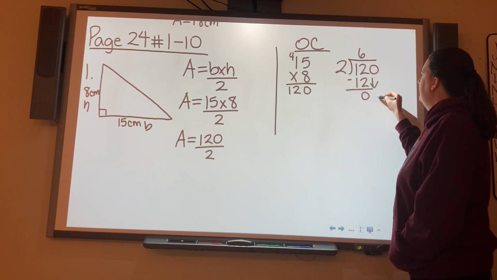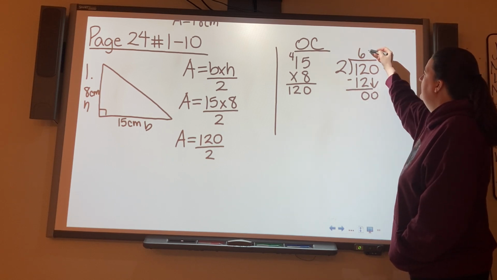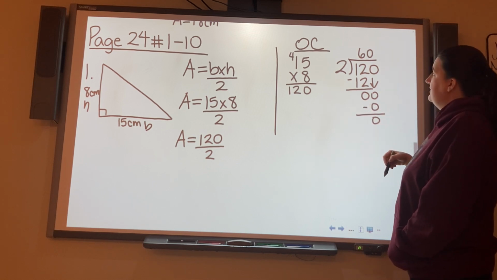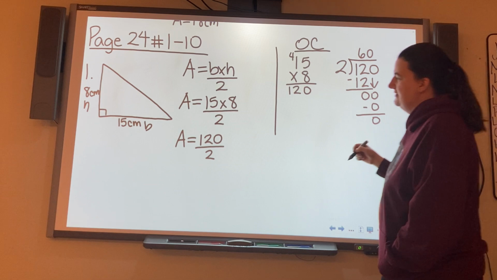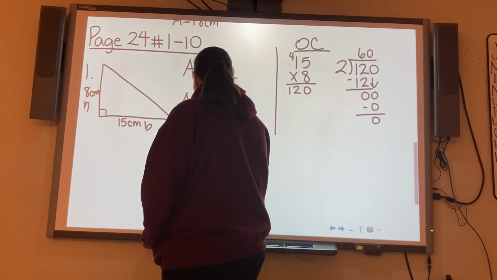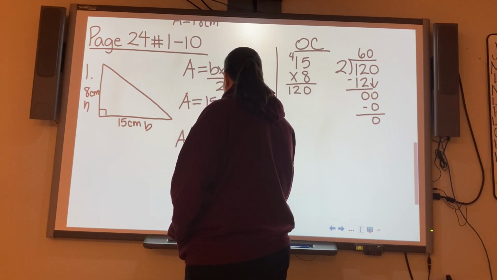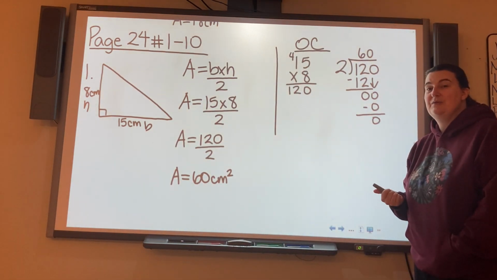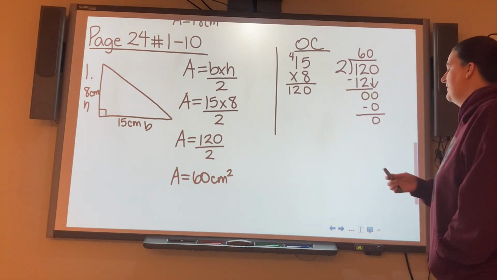Drop your 0, 2 goes into 0, 0 times. 0 remainder, all good. So area equals 60 centimeters squared. Don't forget the little 2 with your unit of measurement.